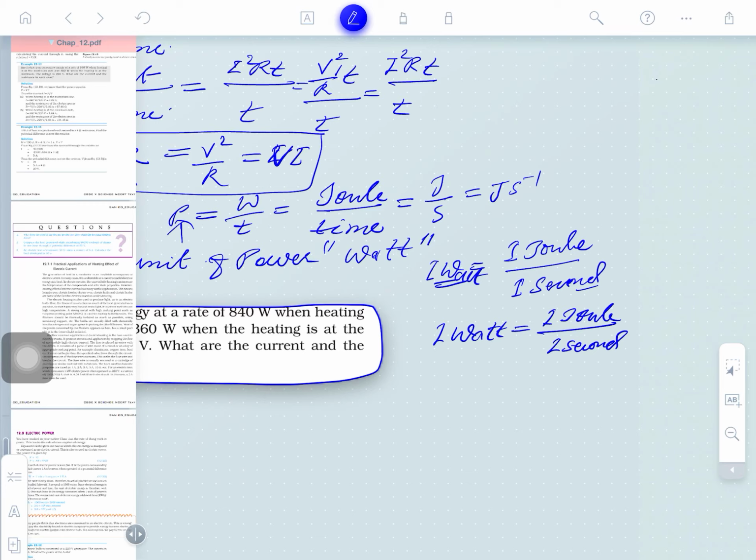An example is a bulb that is switched on. It converts electric energy into two forms: one is light and the other is heat. So electric energy is converted from one form to another, and this depends on the power.